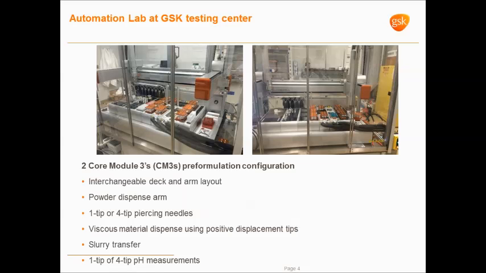There's also a powder dispense arm and a liquid dispense arm that can handle organic solvent or even viscous material and slurry suspension, and they also have an arm to do pH measurement. We also have other instruments like Hamilton and some more Unchained Lab equipment.